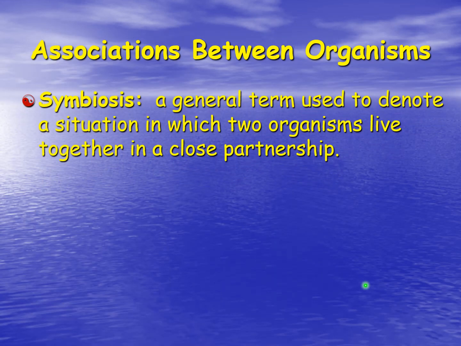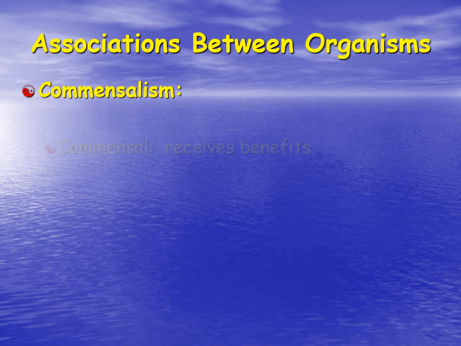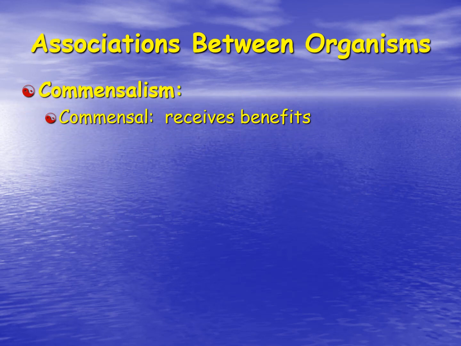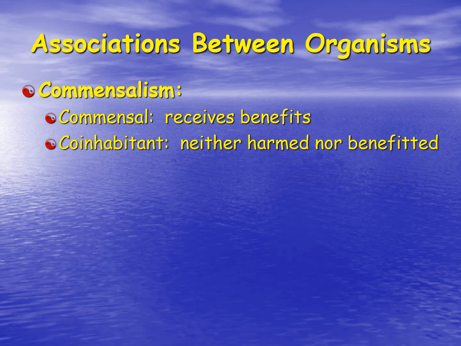So symbiosis is a general term used to denote a situation in which two organisms live together in a close, usually nutritional partnership. Mutualism exists when organisms live in an obligatory but mutually beneficial relationship to both parties. In commensalism, one organism receives benefits while the other one is neither harmed nor benefited.